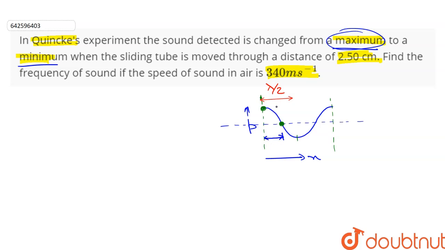So this will be half of lambda by 2, that is lambda by 4. Therefore, the value 2.5 centimeter will be equal to lambda by 4. This implies we get wavelength lambda of the sound equal to 10 centimeter or 0.1 meter.